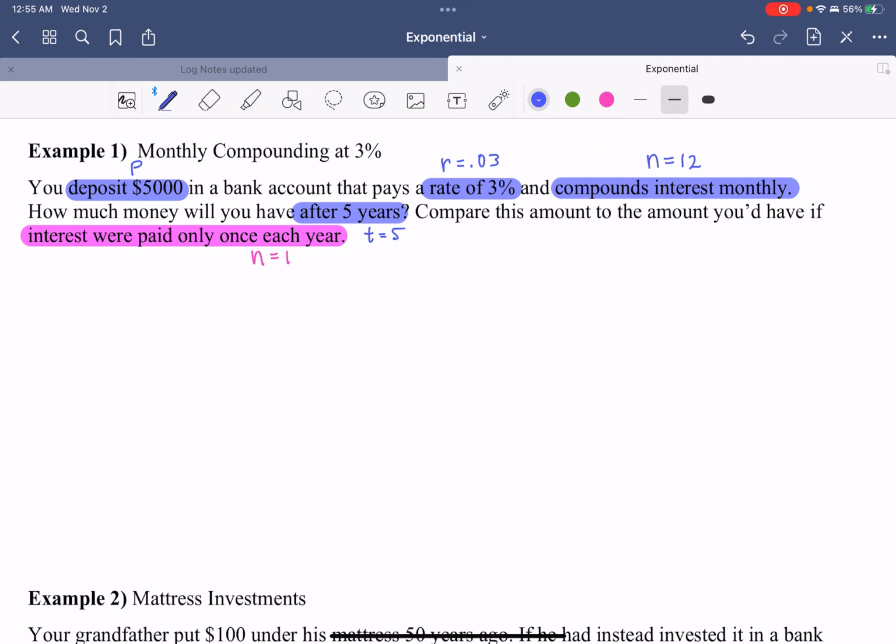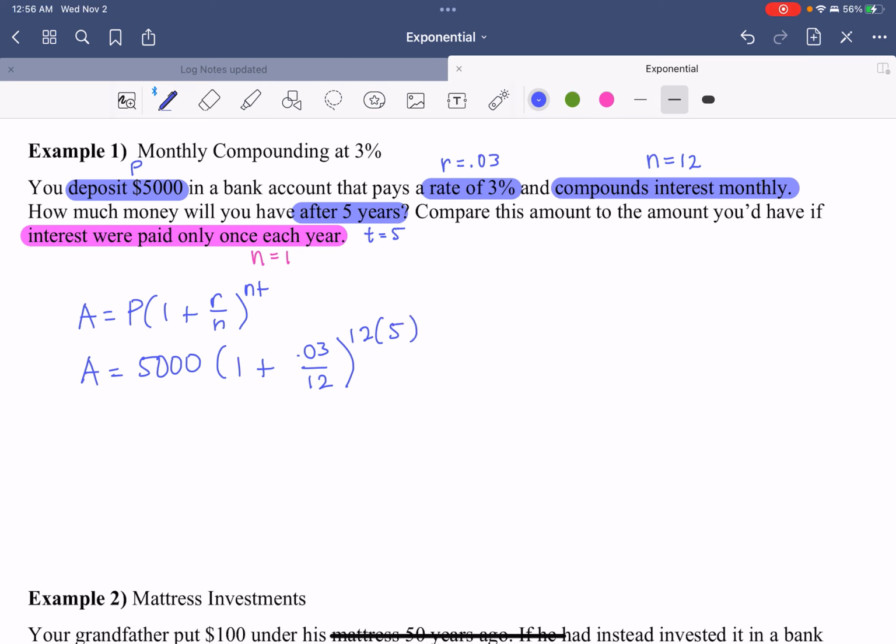I'm going to start by writing the formula, which is A equals P times 1 plus R over N, to the power of N times T. And I'm going to plug in everything that we have. So A equals 5,000 times 1 plus 0.03 over 12, to the power of 12 times 5.